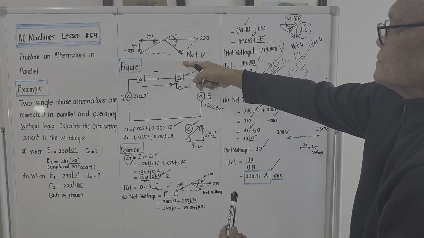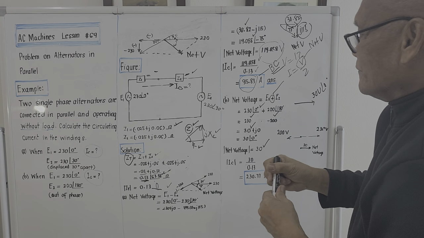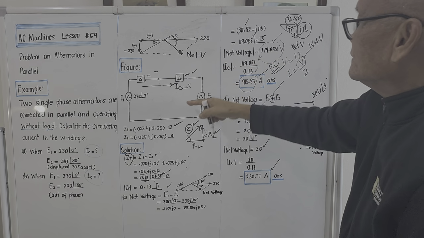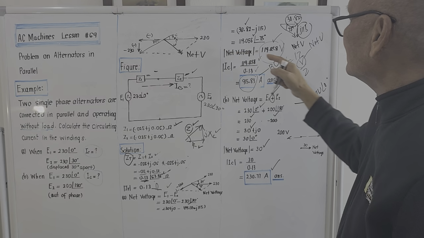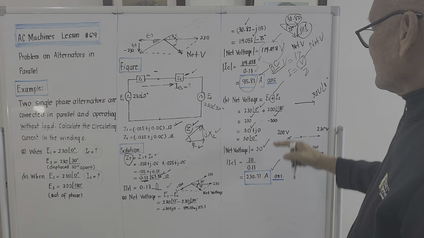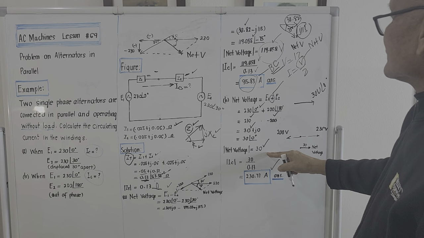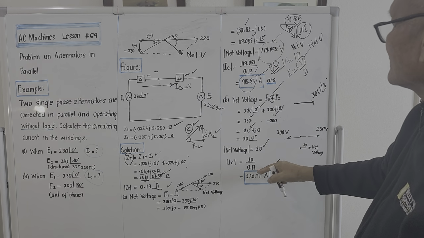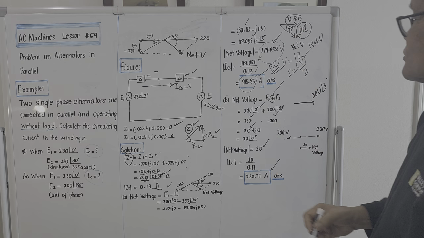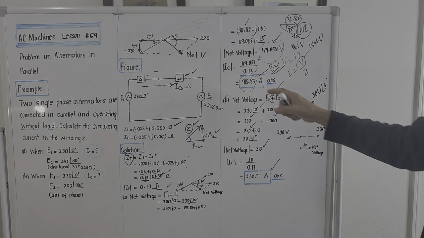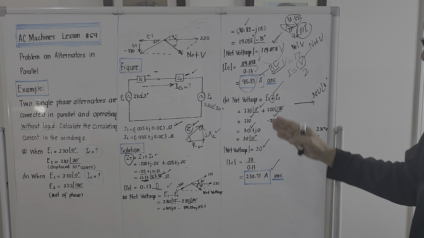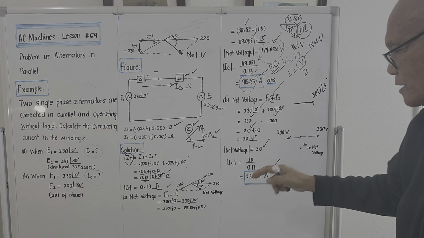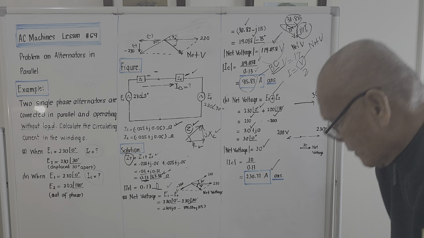It is like this, so the net voltage is actually bigger: 119.08, while this is only 30. By the same denominator, 0.13, this should be bigger. So the first unknown is 915.83 amperes. The second circulating current is 230.77 amperes.